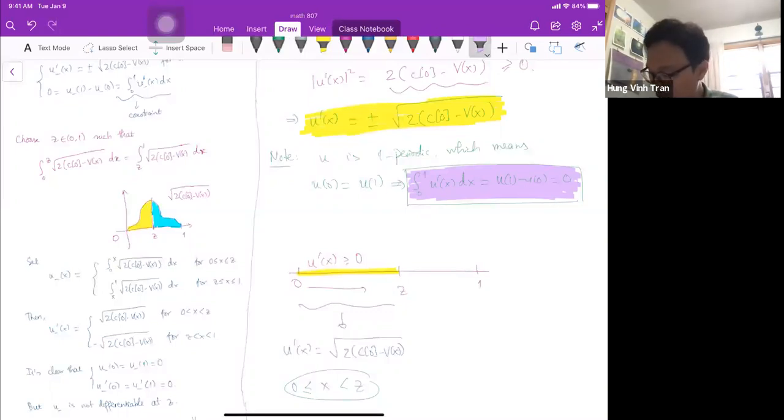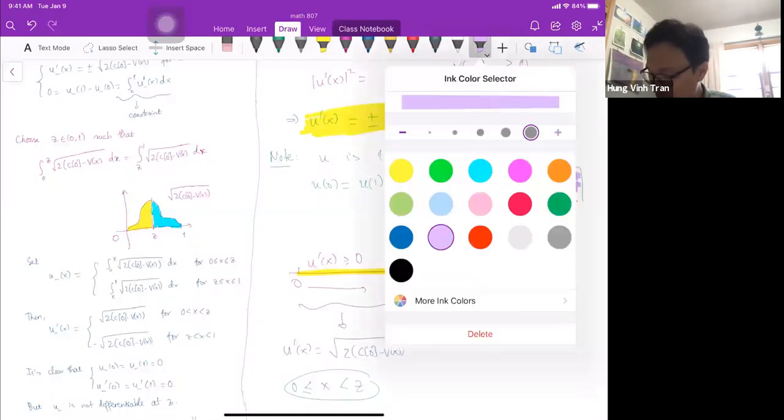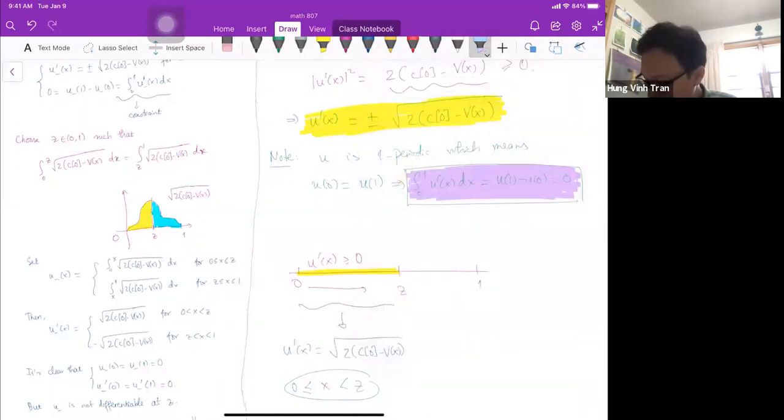So in this branch I'm choosing that u prime of x is less than or equal to 0. Going from here to here is being negative, and that means I select u prime of x equals minus root of 2 c naught minus v of x here, for z less than x less than or equal to 1.